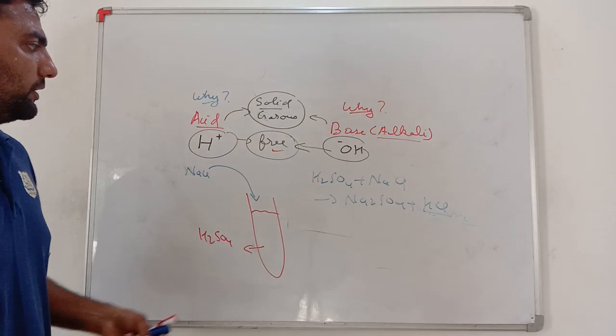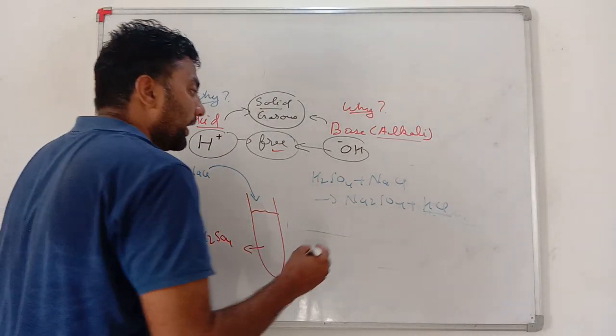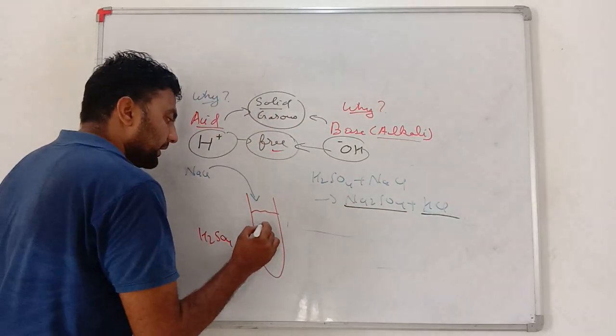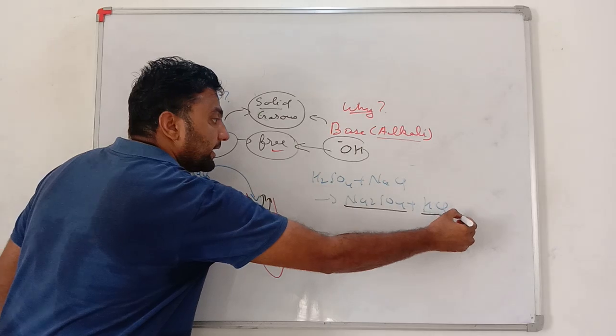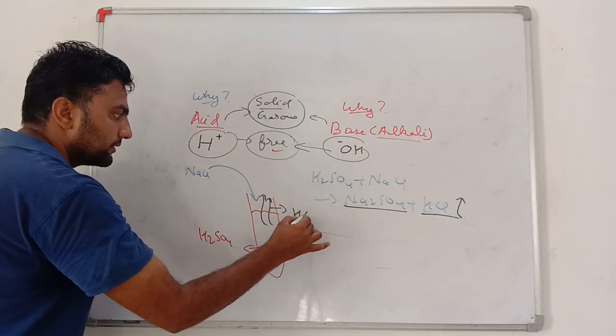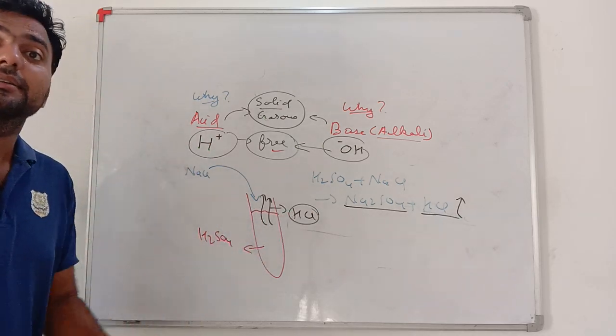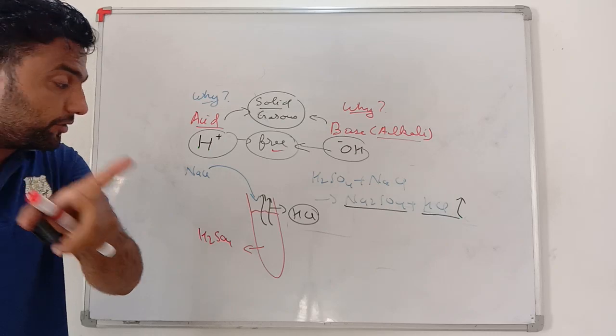Very important. H2SO4 plus NaCl will give Na2SO4 plus HCl, and this HCl comes out as a gas. Very important. Now this HCl, hydrogen chloride gas, I am telling you this is gas.